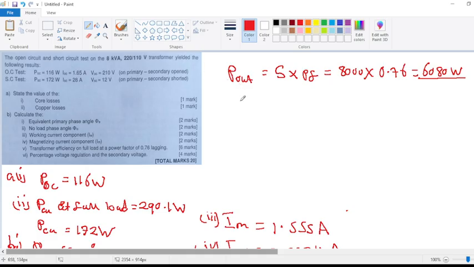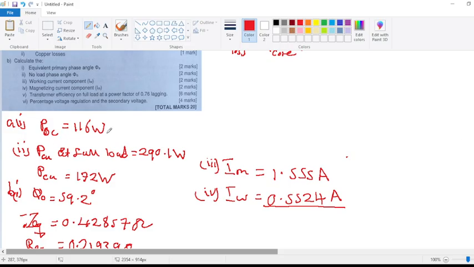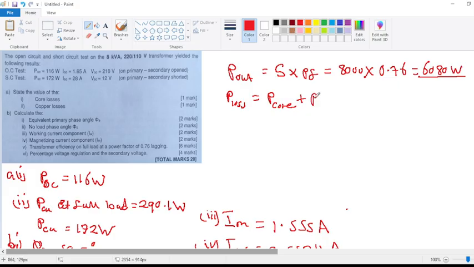So the total losses of the full load has to be equal to the core losses plus the full load losses, the one we calculated at first, the copper losses at full load, which is 290.1 watts.